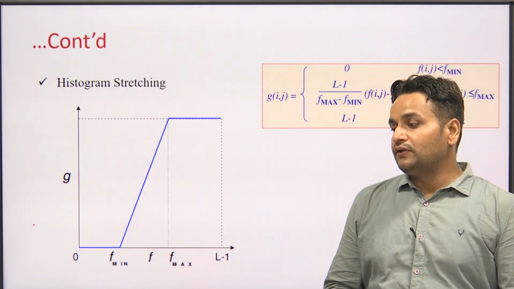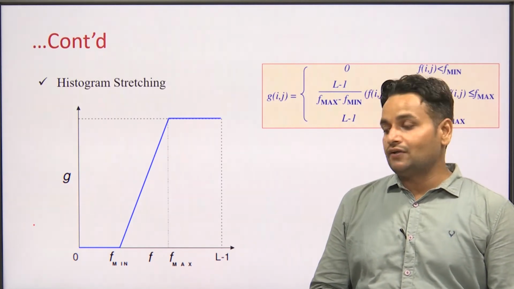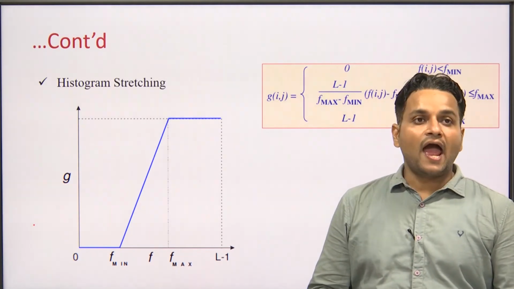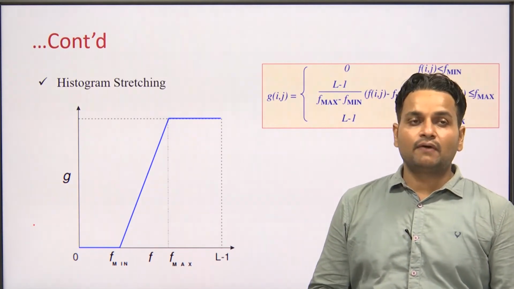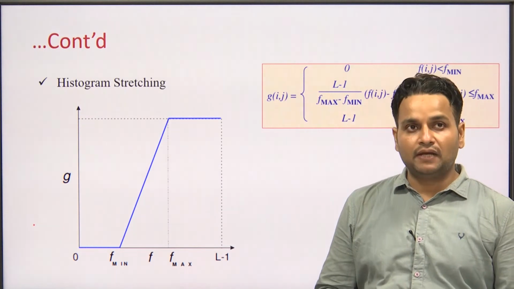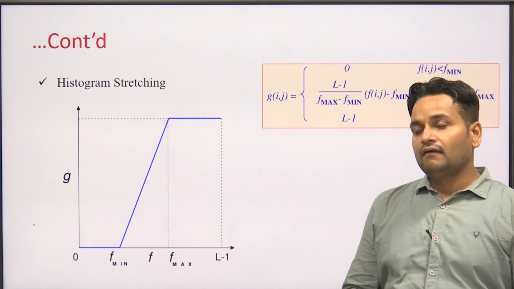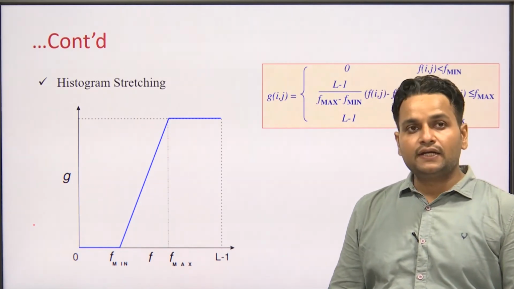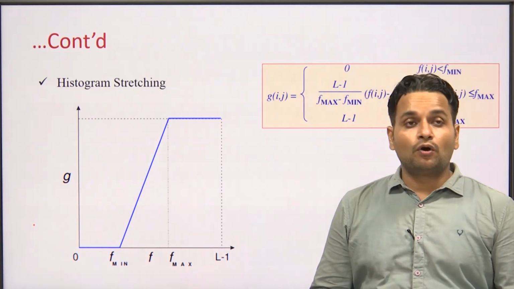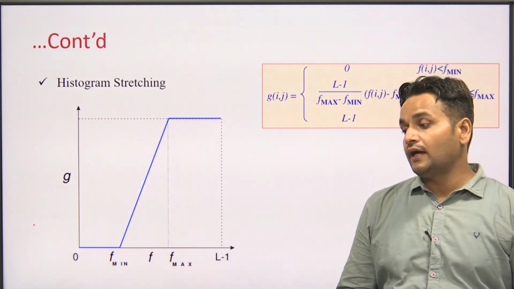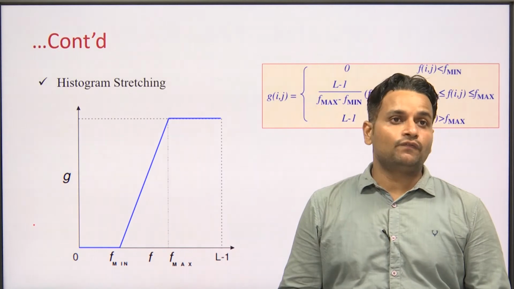Okay. So, if we talk about the second relation of g and f, that is g of i, j is equal to (L minus 1) F maximum divided by (F maximum minus F minimum) multiplied by (f of i, j minus F minimum), right. So, here, if you observe, it is just y equal to m x plus c, okay, where y is nothing but g of i, j.